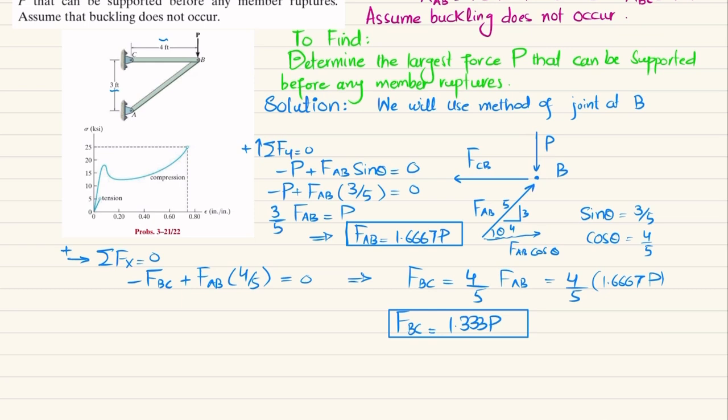So what we will do is first assume failure of bar BC. From this figure, you can see that due to this load, the bar BC will be in tension. So you will use this stress strain diagram. From this stress strain diagram, the rupture stress due to tensile loads comes out to be 5 KSI.